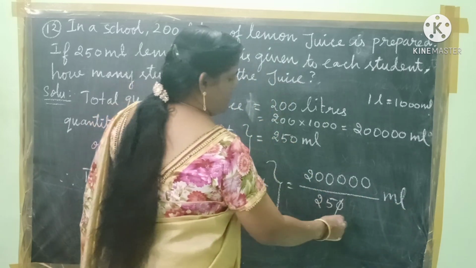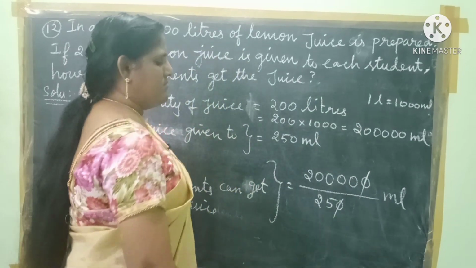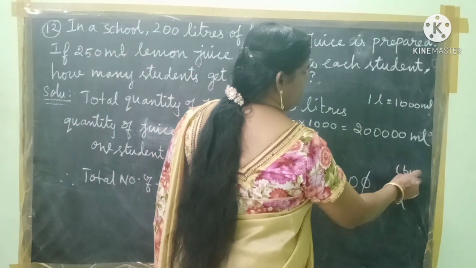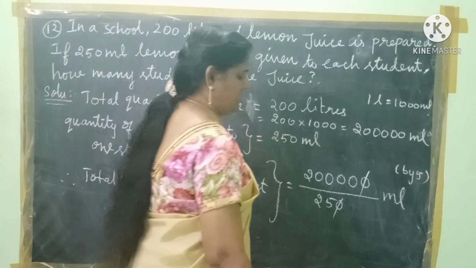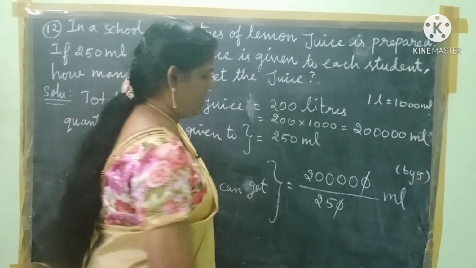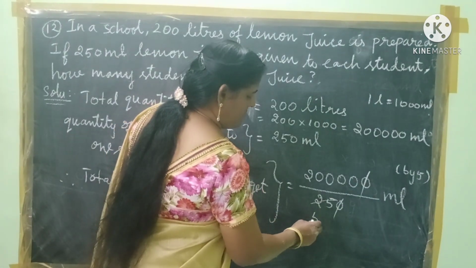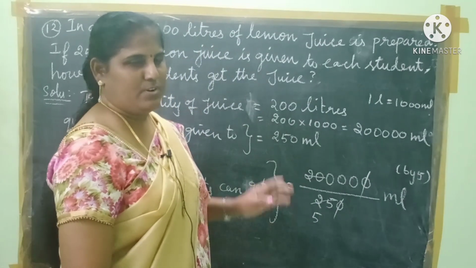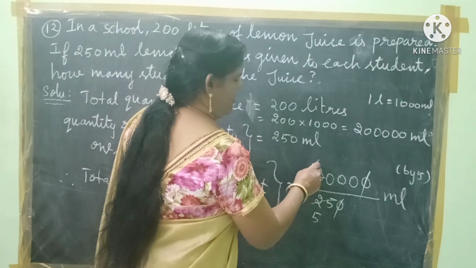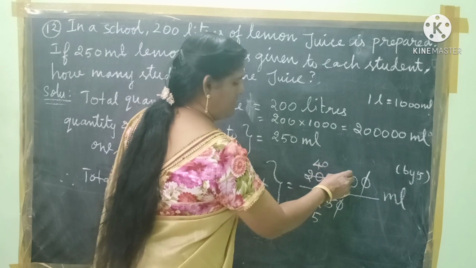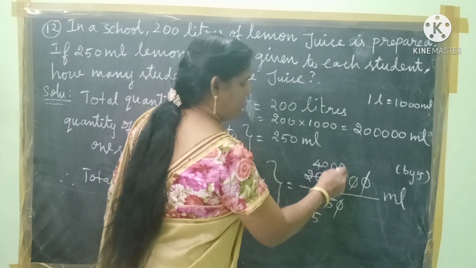Okay, the 0 and 0 cancel. By the 5 table, you just cancel it. How many 5s will come? 5 5s are 25. Here, first take 20. How many 5s are there in 20? 4 5s are 20. Then the remaining zeros, 5s are 0.